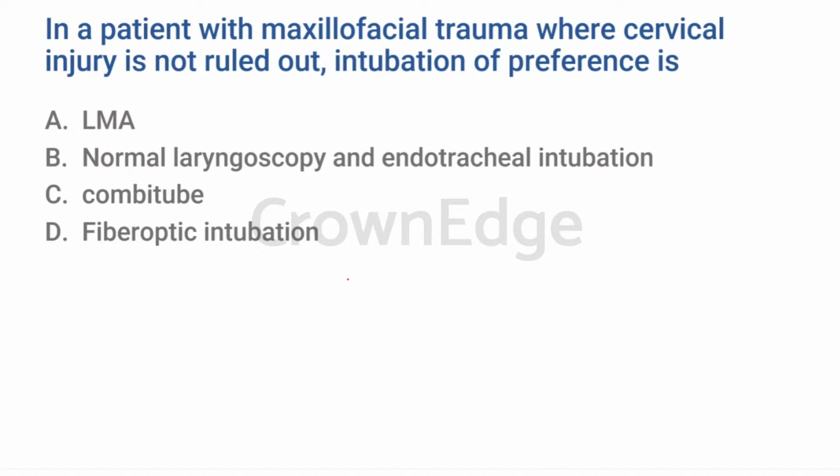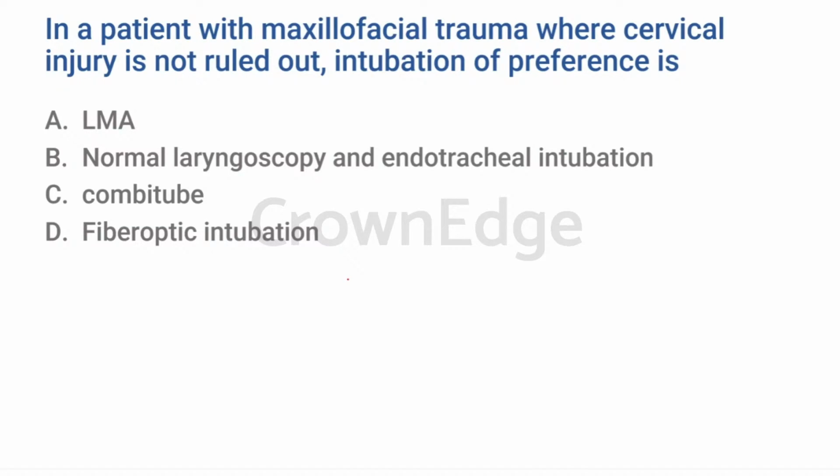But do we do that in case of cervical injuries? We have to be extremely cautious. So it is not easy to do endotracheal intubation the normal way. And with laryngeal mask airway, we can't be 100% sure about the placement as well. Other than that, like I said, again, it's a cervical injury. Okay. So the treatment of choice over here is going to be fiber optic intubation.